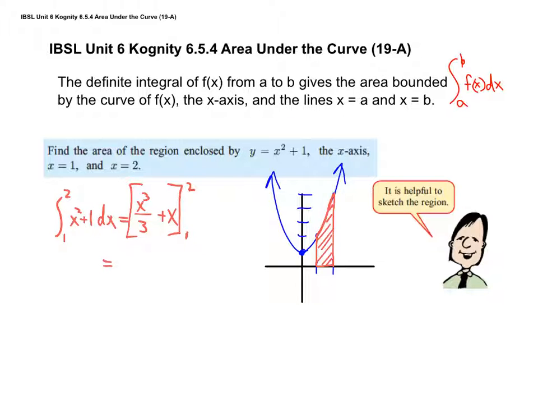I plug in the upper bound first, so that's 8/3 plus 2, minus, I plug in the lower bound and I get 1/3 plus 1. 8/3 minus 1/3 is 7/3. 2 minus 1 is 1. So that's 2 1/3 plus 1, which is 3 1/3. So that is the area underneath our curve.